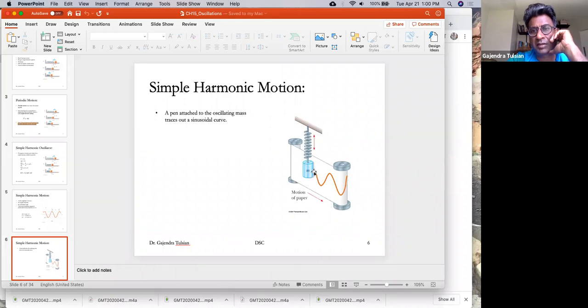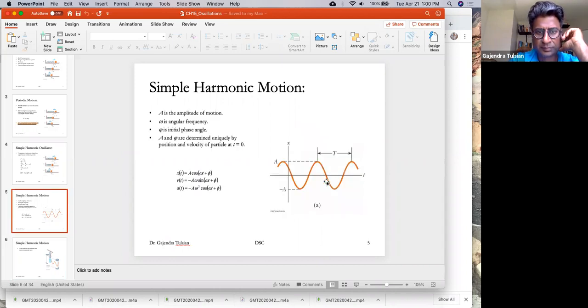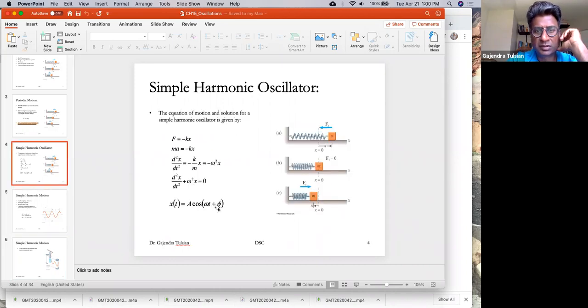You can attach a pen to this mass, get it to oscillate, and you'll draw out a sine or a cosine function. Okay. Here's a physical illustration of the fact that this is a solution of that. This solution correctly describes the position of that mass as a function of time.